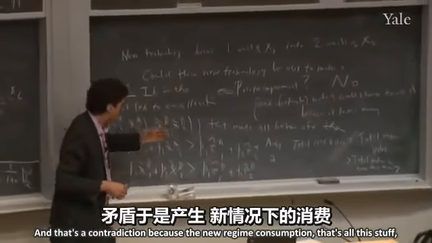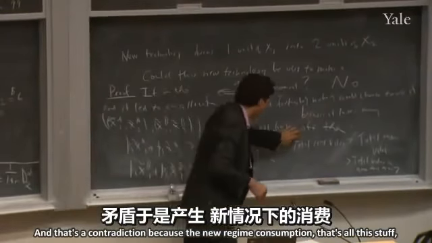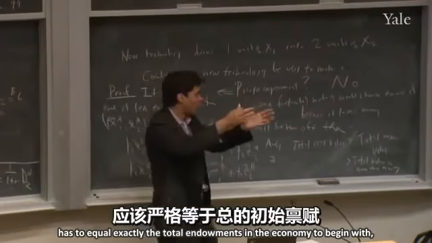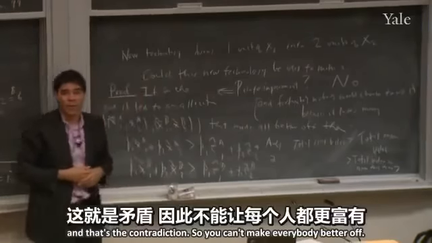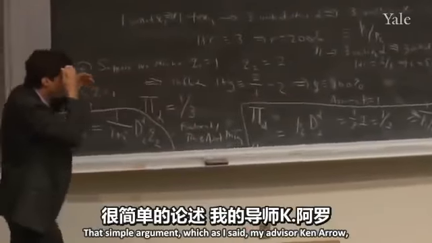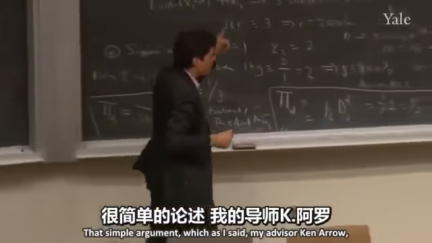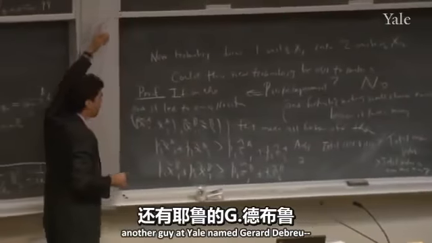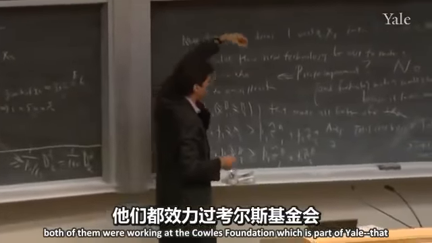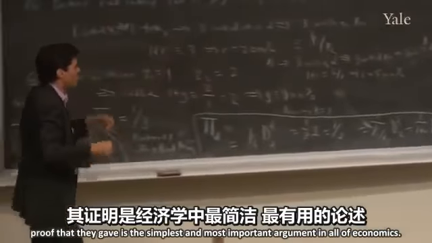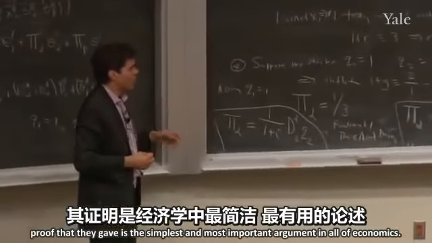And that's a contradiction, because the new regime consumption has to equal exactly the total endowments in the economy to begin with. That's the contradiction. So you can't make everybody better off. That simple argument, which my advisor, Ken Arrow, and another guy at Yale named Gerard Debreu, both of them working at the Cowles Foundation, which was part of Yale, gave, is the simplest and most important argument in all of economics.